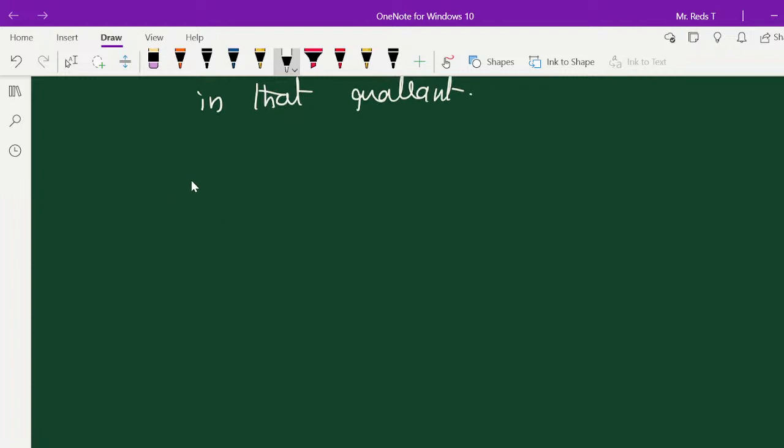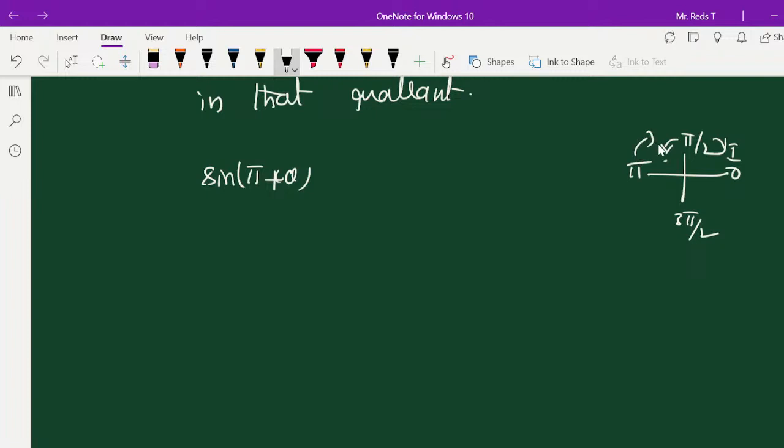Let us consider a few functions here. If n is equal to 2, then you will get sine of pi plus theta. Pi plus theta comes in which quadrant? Consider this: 0, pi by 2, pi, 3 pi by 2. The first quadrant can be considered as pi by 2 minus theta. The second quadrant will be pi by 2 plus theta. Similarly, in terms of pi, pi minus theta comes in the second quadrant, pi plus theta comes in the third quadrant.